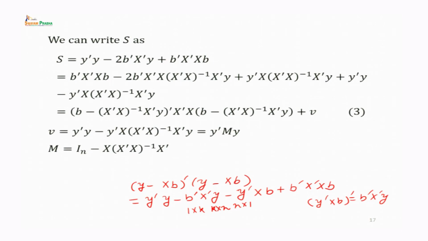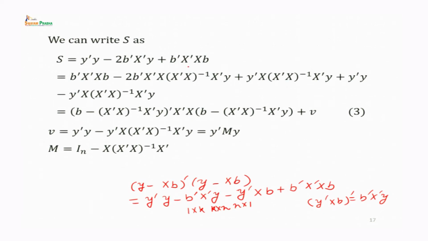Now, you have two options. Either you differentiate it with respect to b, put it equal to 0, and then you try to solve it for b. This is one option which you can try. I am giving you an alternative derivation.